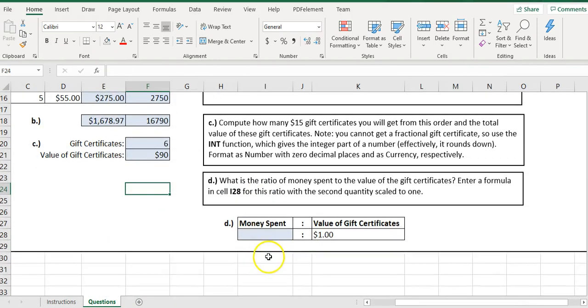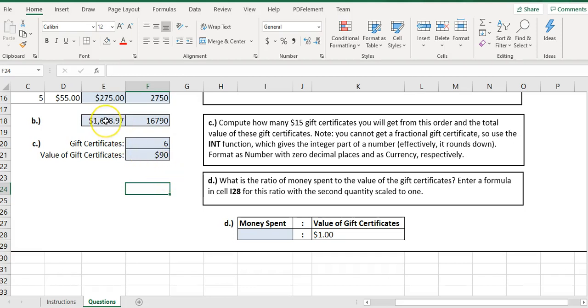So here's what we have to do here. I need to figure out a ratio for $1. So it says the ratio of money spent to the value of the gift certificates. So where's my money spent? I spent $1,678.97. My gift certificates are worth $90.